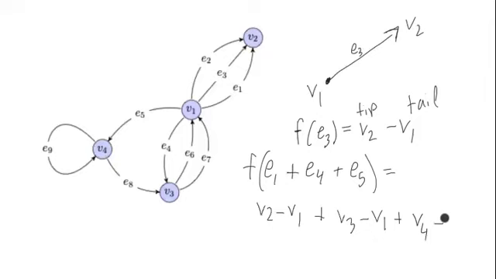If we add these up and collect the V1s together, it looks like we have minus 3V1 plus V2 plus V3 plus V4.